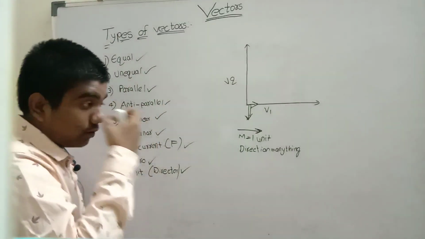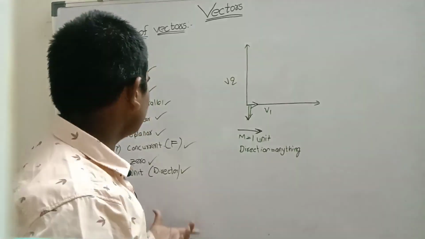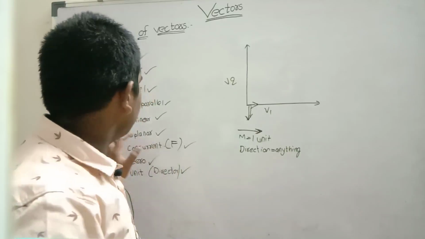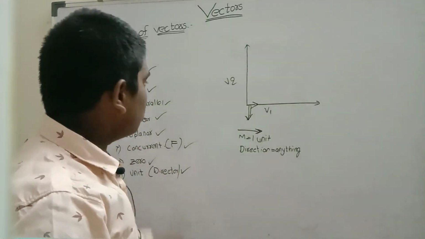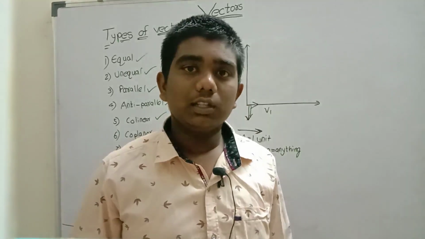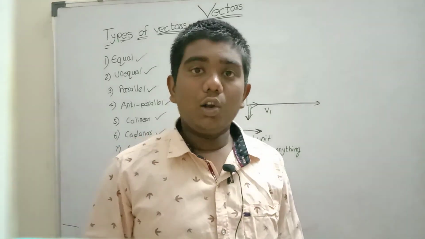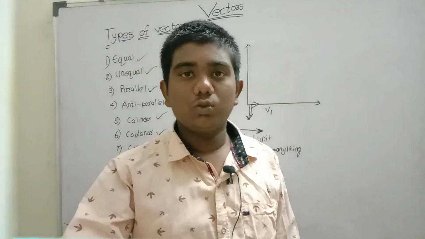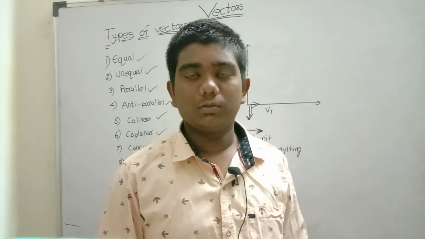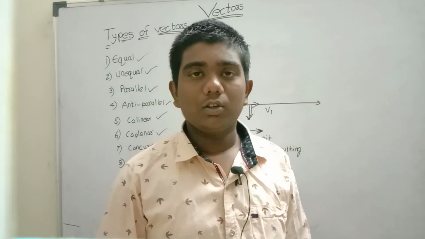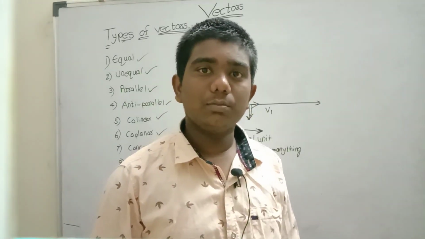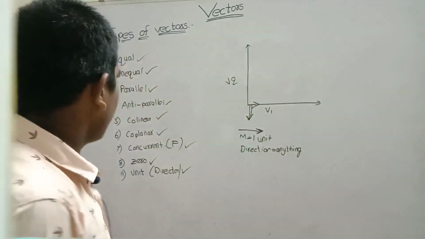Collinear, if two or n number of vectors are in a line, then they are said to be collinear. Coplanar, if two or three vectors are in the same plane, then they are said to be coplanar. Always two vectors are on the same plane, but three vectors may or may not be on the same plane.